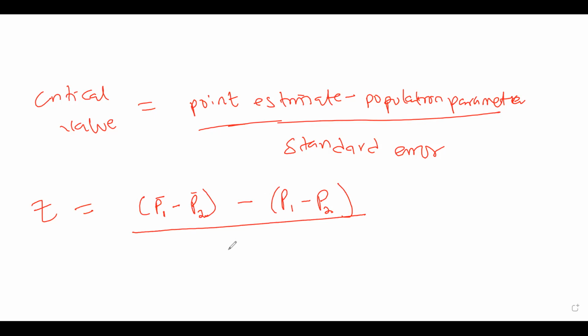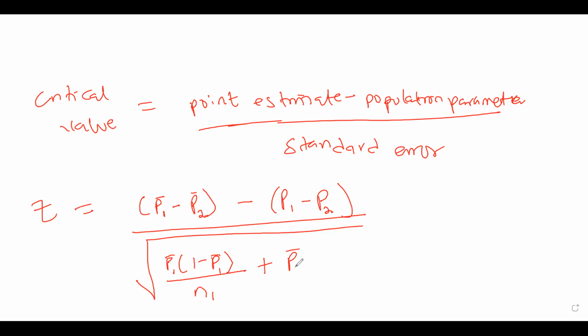When it involves two proportions, the standard error is the square root of p1 times (1 minus p1) over n1, plus p2 times (1 minus p2) over n2. That is how we compute a z value of a proportion.